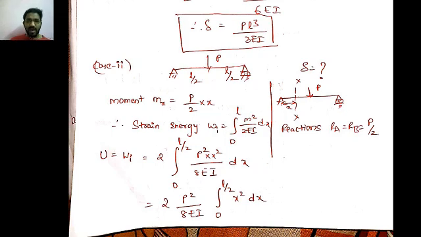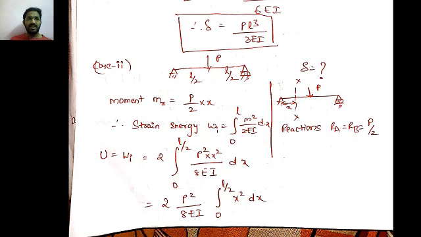Here also I am considering a portion at distance x. The moment at this portion, from either direction, A point or B point, anything you can choose. I am taking from point A. So moment Mx equals P by 2, the reaction, into x, the perpendicular distance.